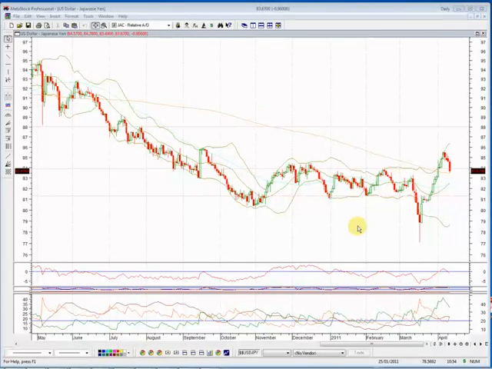You can be a little bit slower if you want swing trades, and you can be even slower if you prefer position trades. So it depends on the type of trading that you like to do.